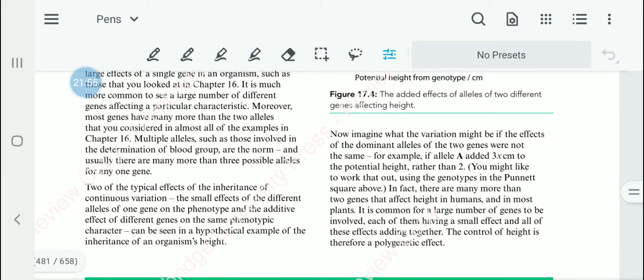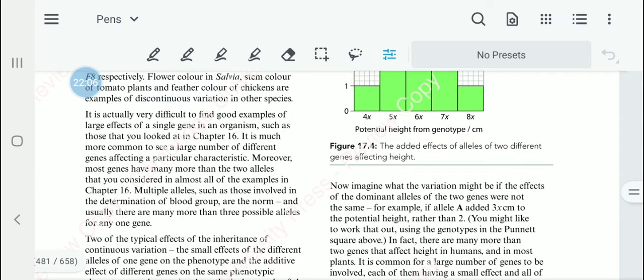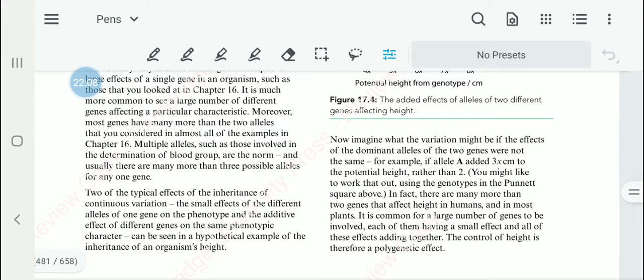Write down. In continuous variation, many genes contribute to the same character in additive effect as well as direct effect.